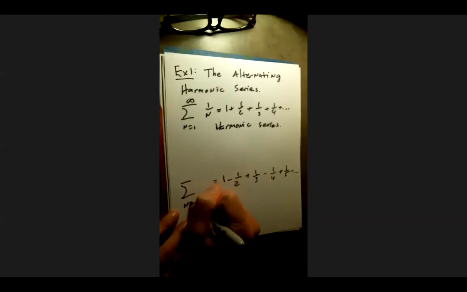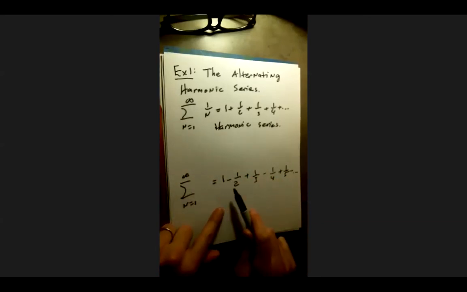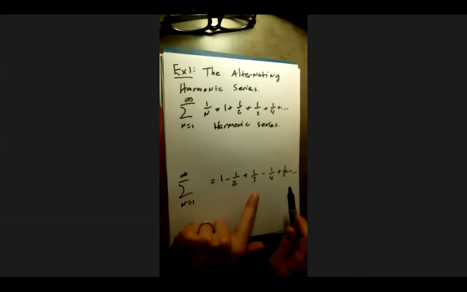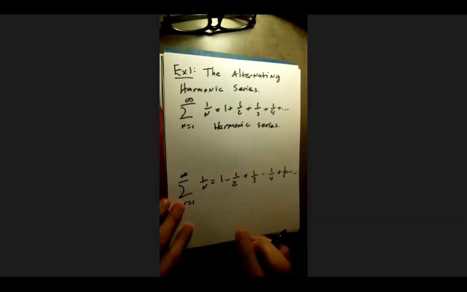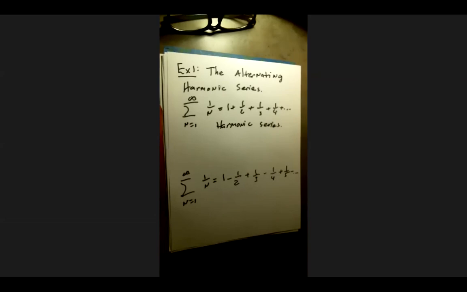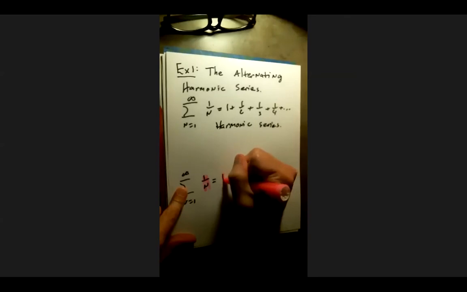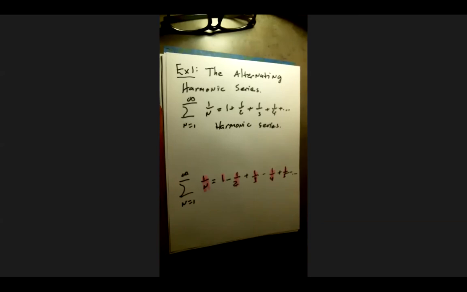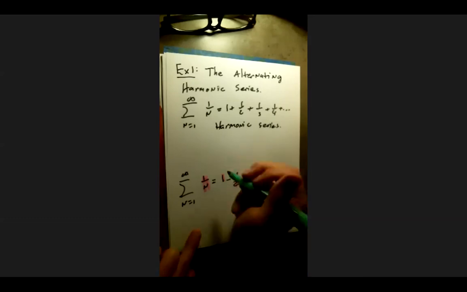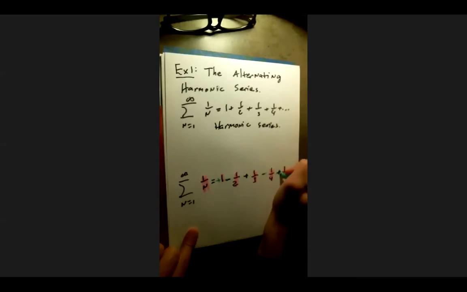So this would be the sum from n equals 1 to infinity. What I want to do is distinguish between the signs and the magnitudes. Our magnitudes are still 1 over n. That 1 over n is enough to handle the 1, the 1/2, the 1/3, et cetera. But then we need a second term that can handle the fact that we're going plus, minus, et cetera.